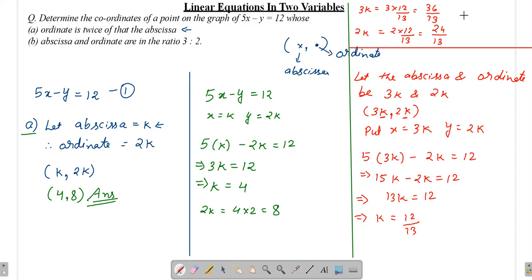So our required solution will be 36 by 13 comma 24 by 13. That's the answer for the second part. I hope this all must be clear to you all.